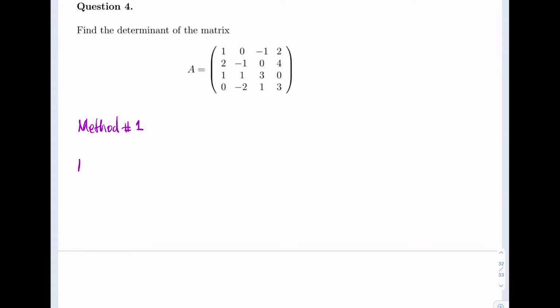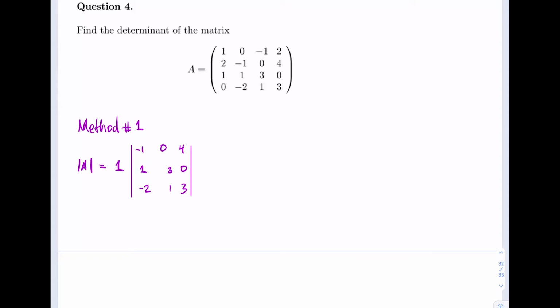So here I'm going to say the determinant of A is equal to, taking the first row, 1 times what we sometimes call the cofactor. Here I'm going to choose -1, 0, 4, 1, 3, 0, -2, 1, 3.